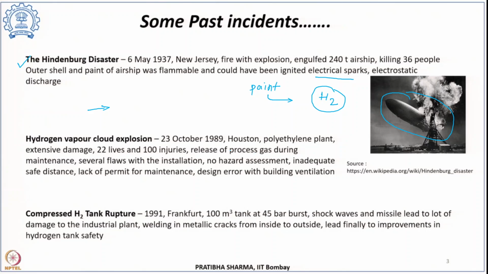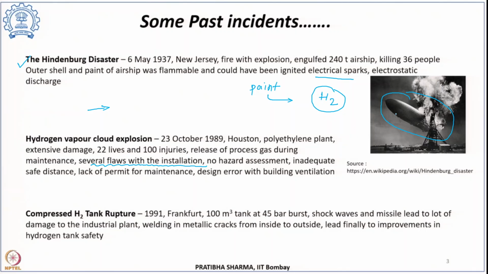What happened in that case? The failure was from the human side, from the maintenance side, or there were several flaws during the installation. I mean, there was human error. This can be avoidable, as this is human error.